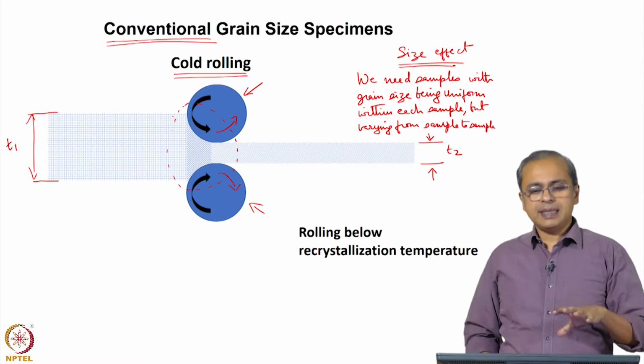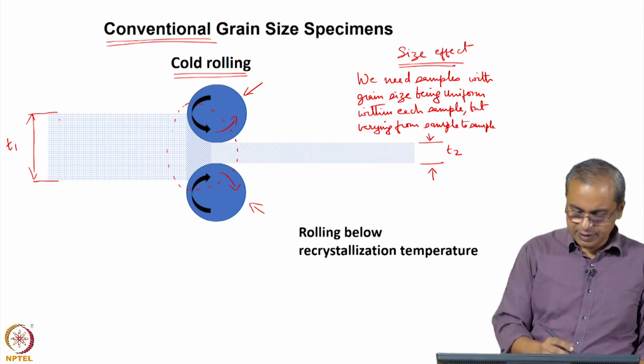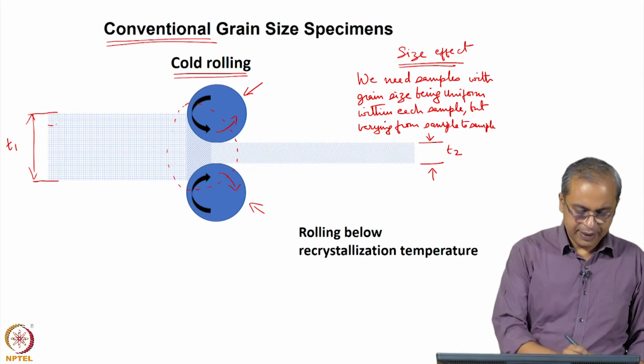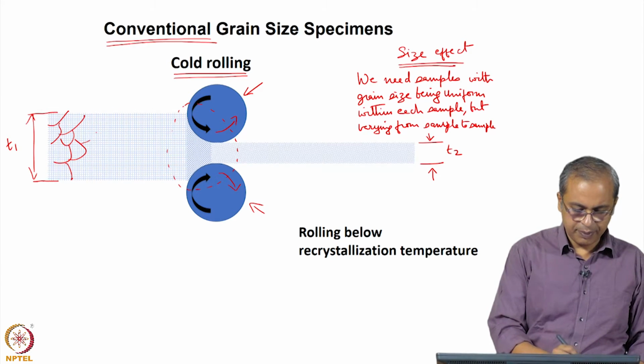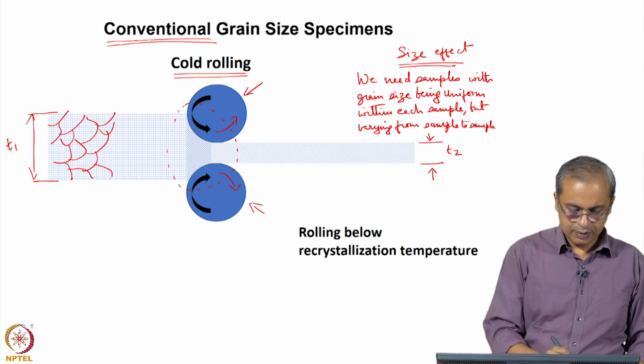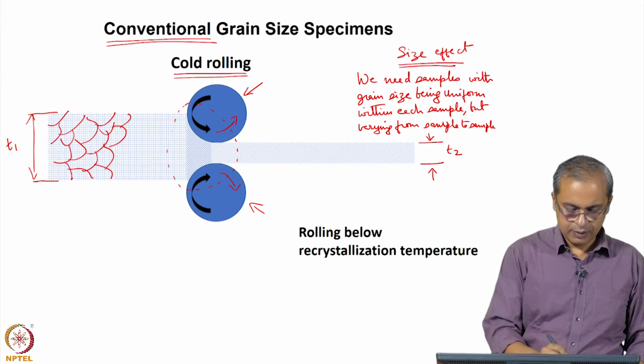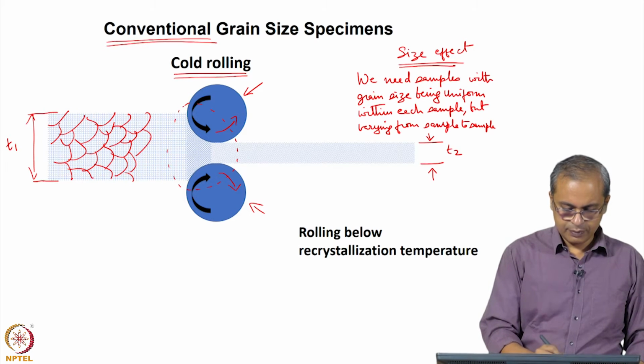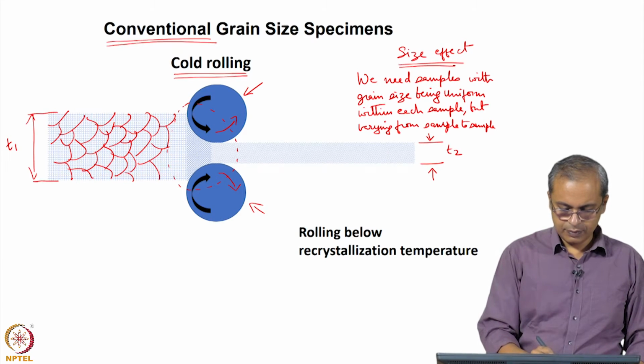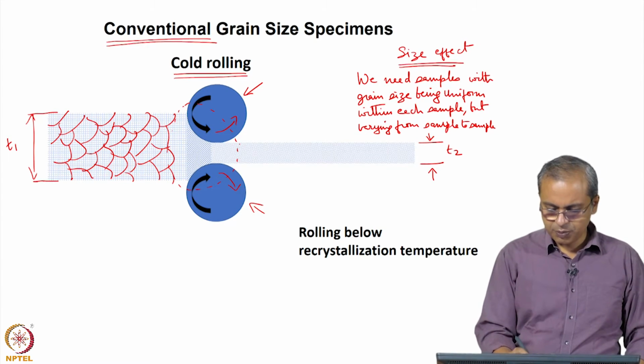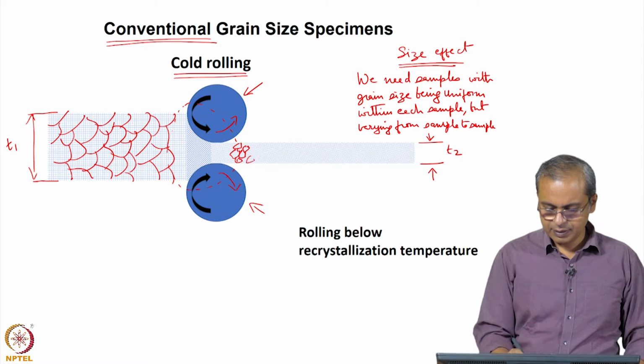Now, generally when this happens, you will see that what is coming in here, I have just put some schematic here, but this may be some large grain sized material. So, grains may be like that. And here you may have some small grain sized, distinctly smaller grain size.